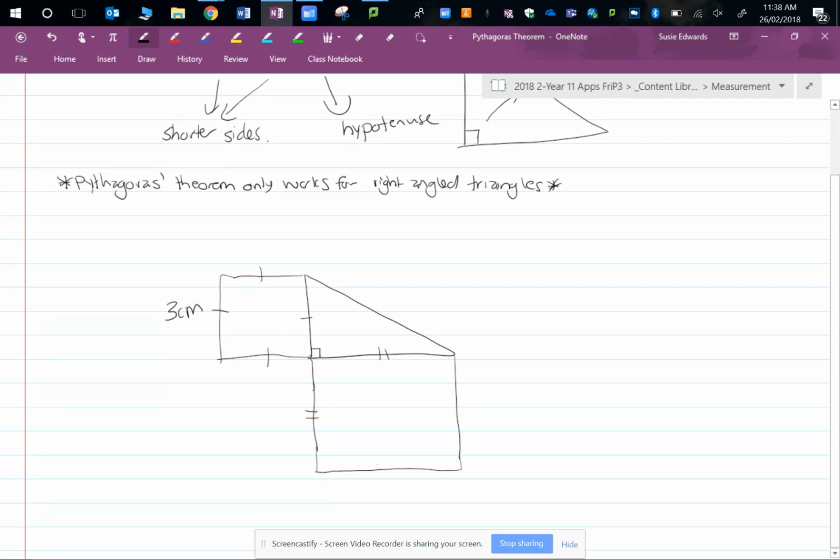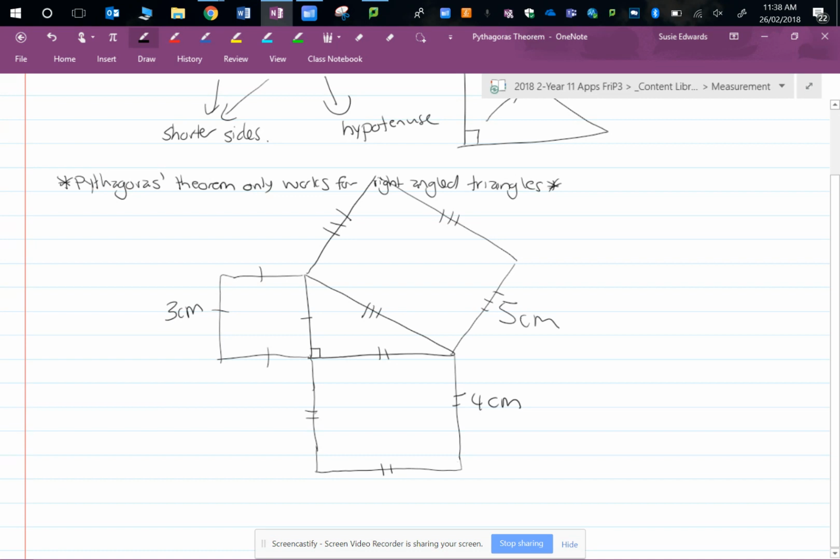So this side here is 4 centimetres, right? And then this one, which is just going to go over our notes, is 5 centimetres, right? So we know the area of these things.